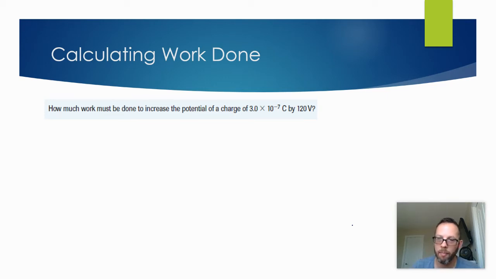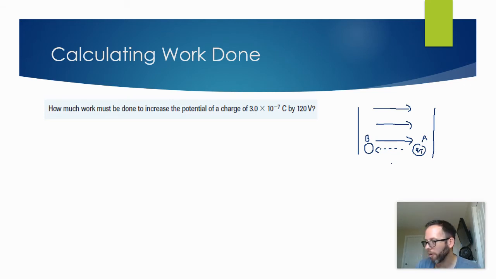What we're talking about here is we've got some potential difference, some electric field we're in, and we've got this charge, QT, at point A, and we want to move it to point B. We're told that across that there's a potential difference of 120 volts, and we've got the size of the charge, so we can find the work done.